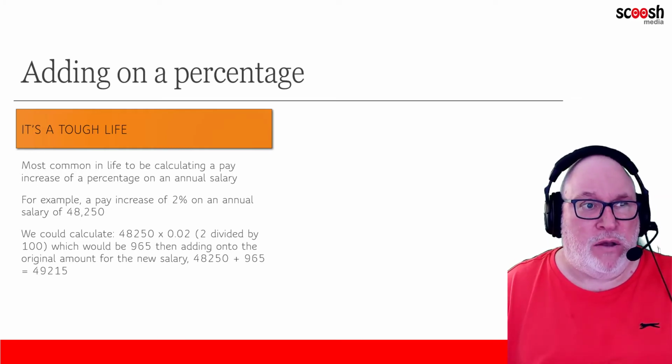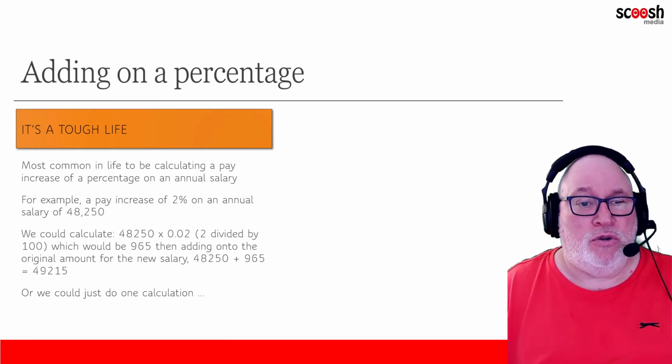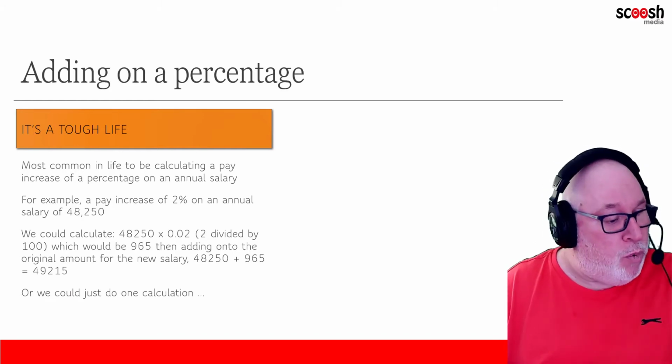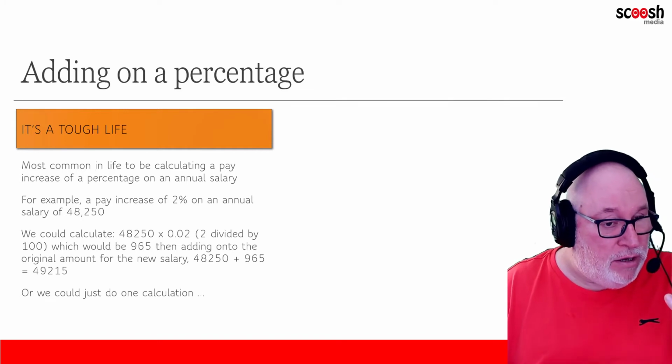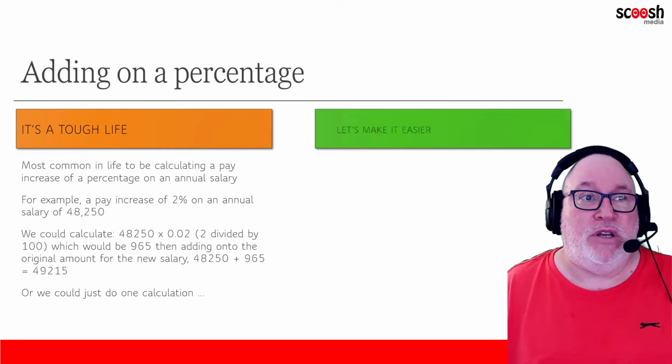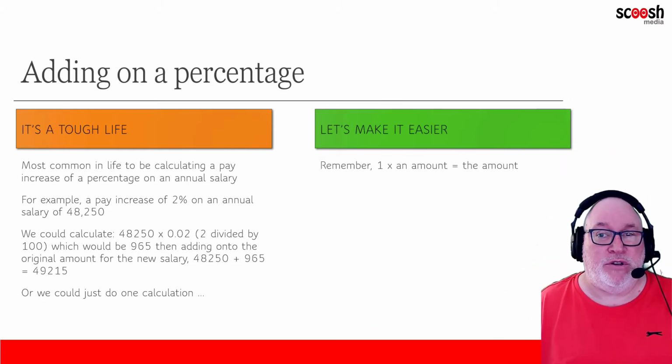But to add it all back on again, if we just want the end product, we could go straight there. We could do that in one calculation, going directly from the annual salary that I had to the new annual salary. So there is an easier way. Let's make life easier for us.